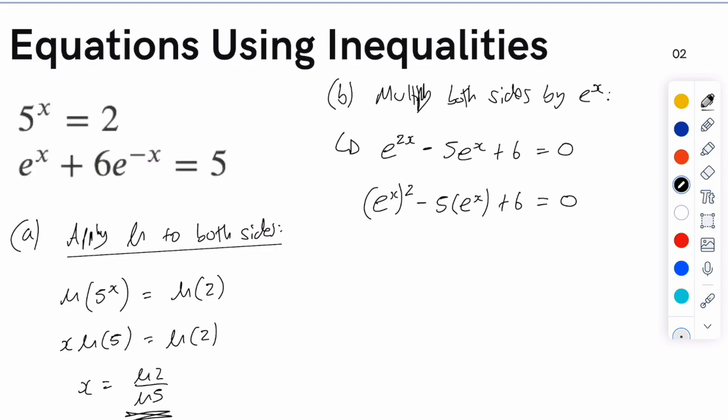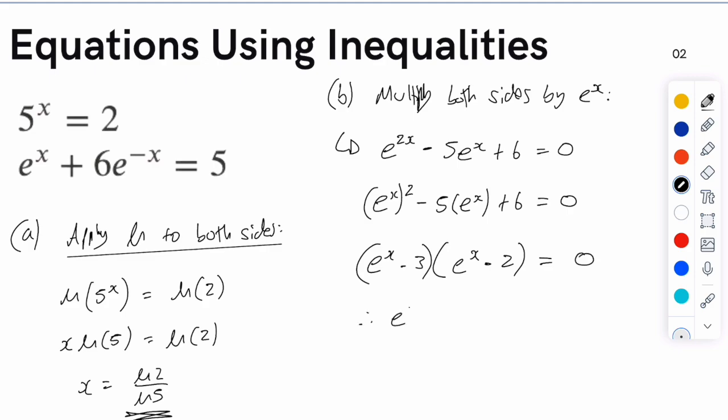Then factors of 6 that add to negative 5. So we can say e to the x minus 3 times e to the x minus 2 is going to equal 0.